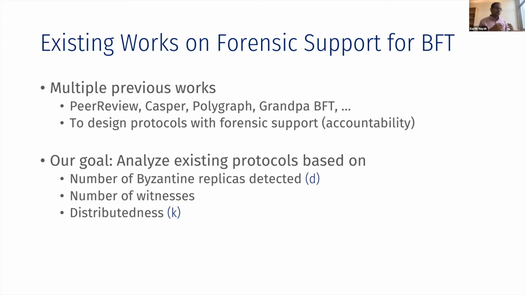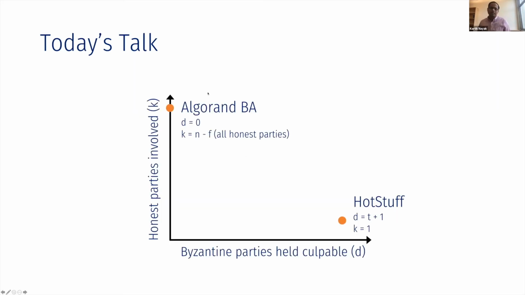And a second response was, well, there's this work, Casper, which already does this, and this idea that Casper has generally applies for most or all Byzantine protocols. So we analyzed multiple different protocols, and hopefully the key takeaway that I want to share in this talk is that there are these subtle details that actually matter in terms of whether or not you can get forensic support.